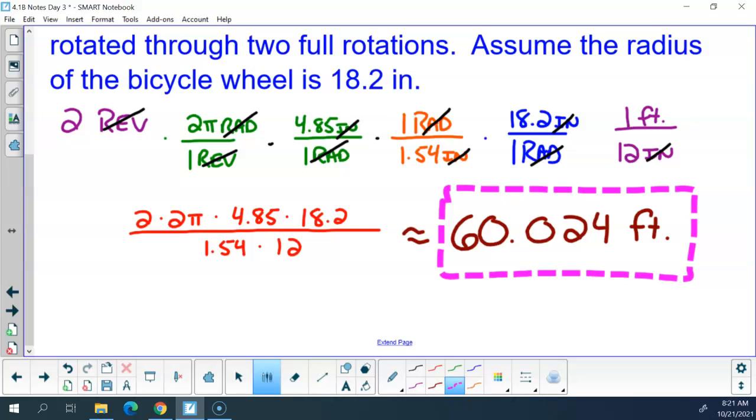How far have you gone in a certain time frame? What's the linear speed of the bike chain? What's the angular speed of the outside of the tire? What's the rotational speed of the little sprocket? Like 10 different questions can all come out of the same problem.